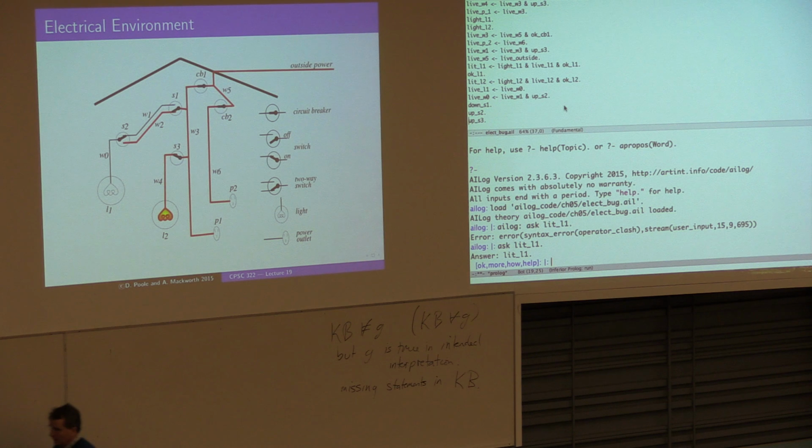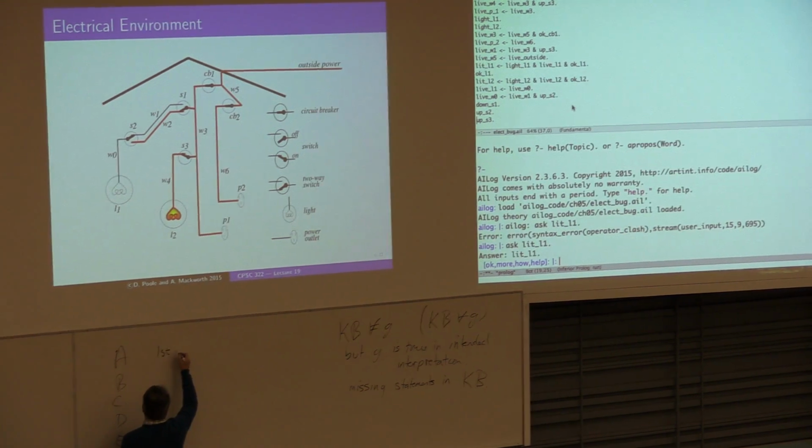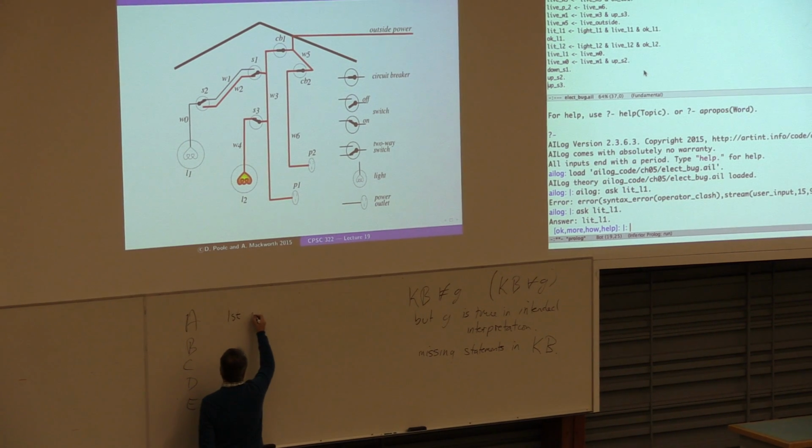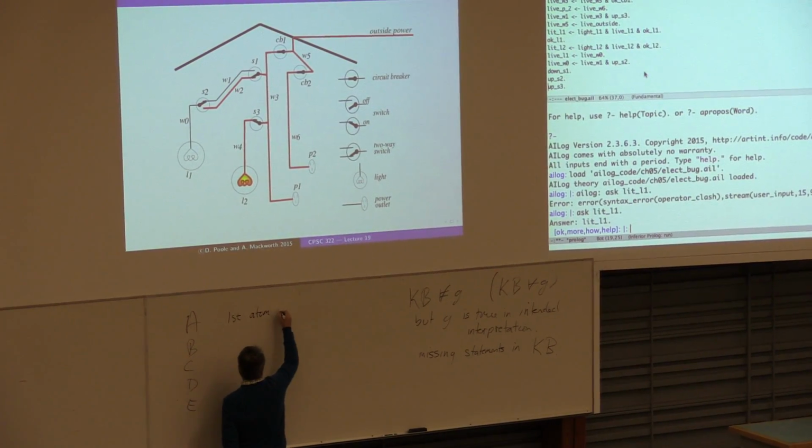All right. So what we're going to do is get our clickers again. We're going to have A, B, C, D, and E. The first atom in the body is false.